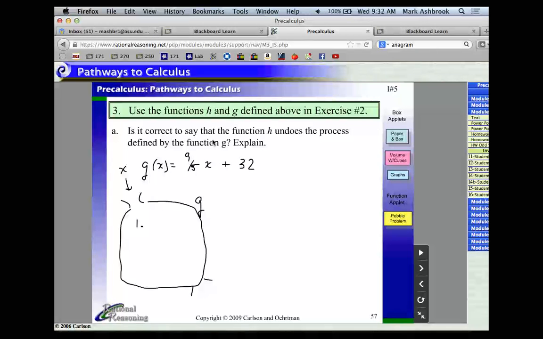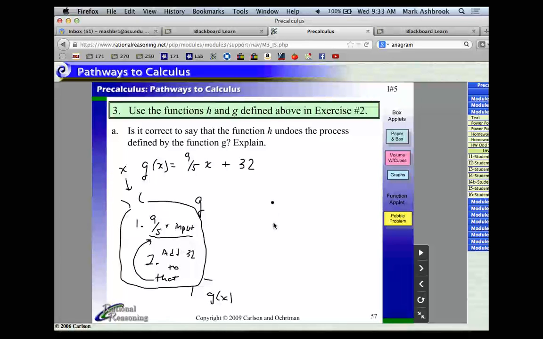What does this say to do to the input first? 9/5 times the input. And then what do you do to that next? You add 32 to that. Not just to the input, add 32 to that whole thing. And then we get out the output, g of x.